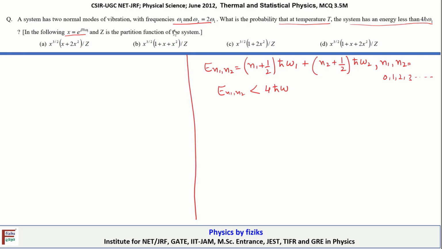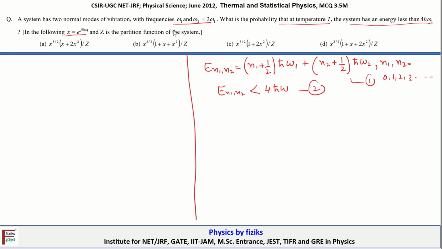This cannot even be equal to 4 h cut omega. This should be less than 4 h cut omega. Okay, so now basically we have to find out the respective values of n1 and n2 which will satisfy this condition. Let me call this equation 1 and this equation 2, which is a constraint basically.